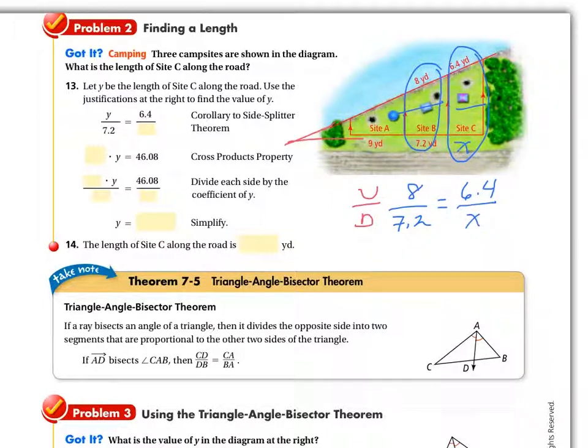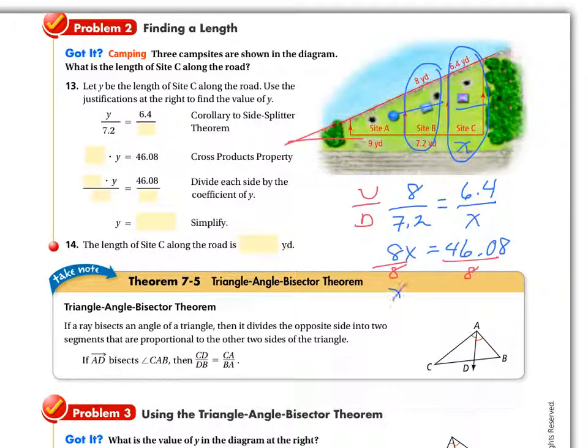And so cross multiply, we get 8X is equal to, and then we're going to multiply the 7.2 times the 6.4, and we get 46.08, and then divide by 8.